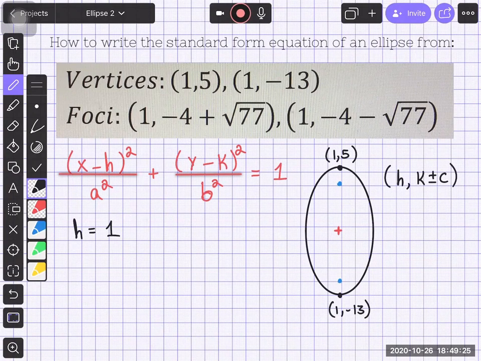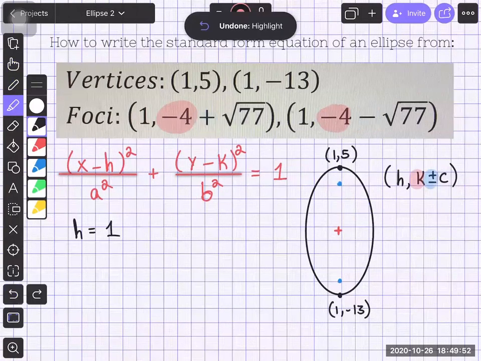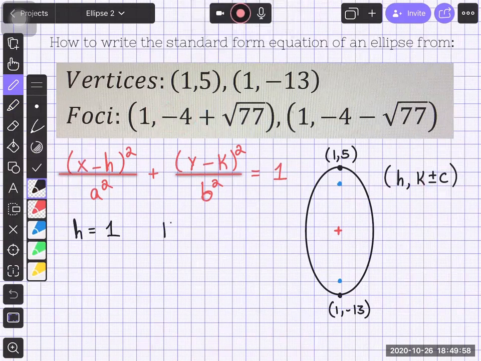So if you pay attention to this, they're already giving us the value of k, because k is being modified by addition and subtraction of c, which is the distance from the center to either of the foci. So let's go back here. There we go. We already have k as well. So we have the coordinates of the center.